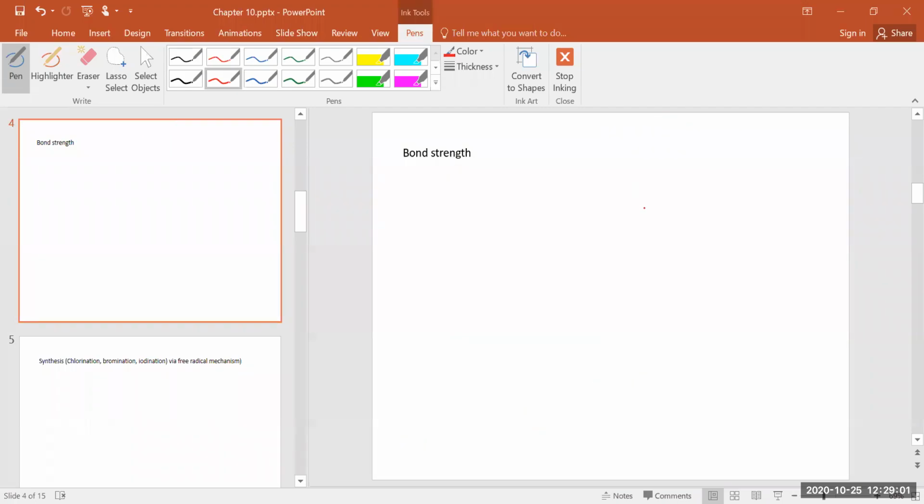Now, one of the very important things for the reactivity of the alkyl halides is the bond strength.